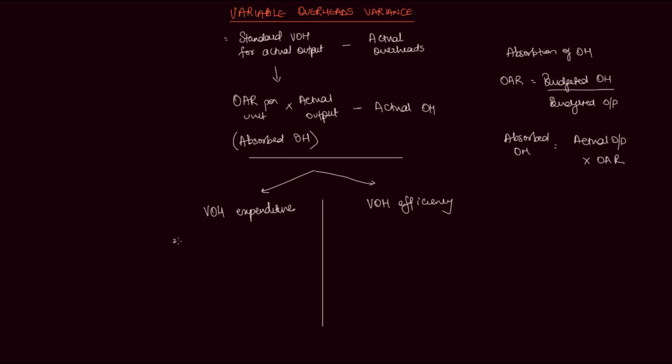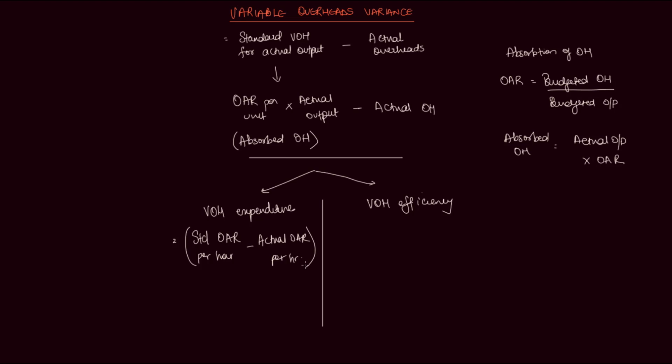They are variable overheads. So if I can take the difference between the standard overhead absorption rate per hour and the actual overhead absorption rate per hour, this will help me understand what the management expected the firm to pay per hour of activity and what the firm ended up actually paying per hour of activity.